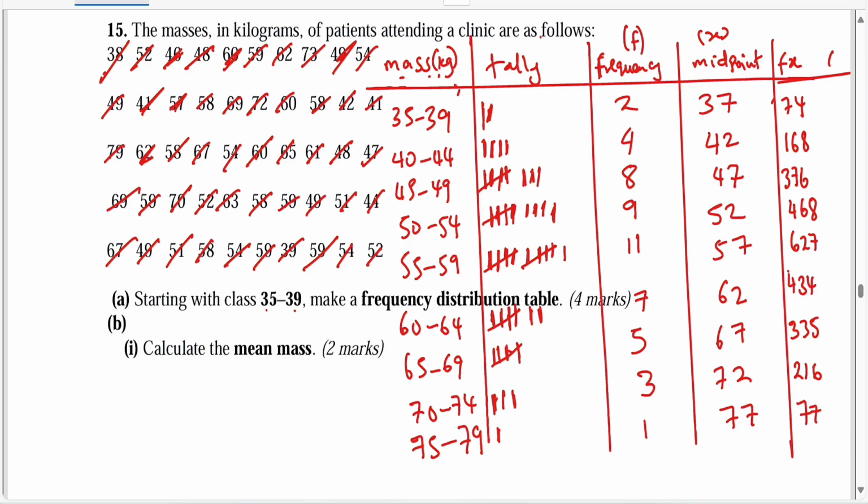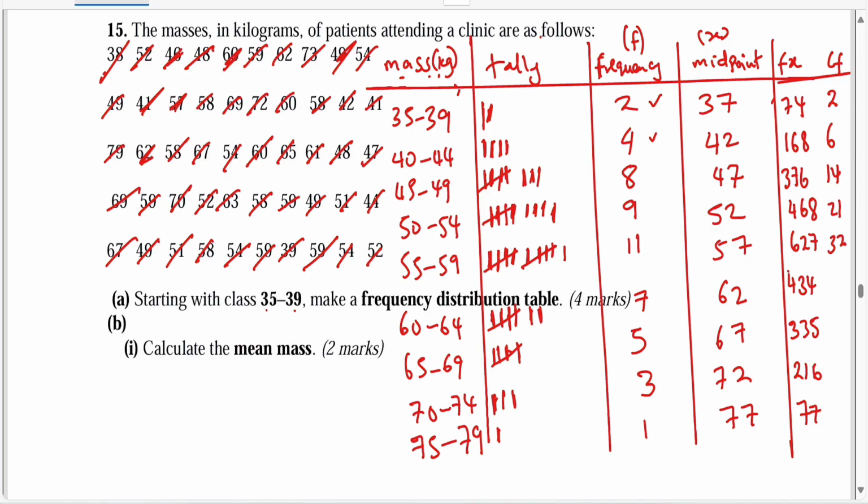So you can write CF also here and draw a line, but for me I can't draw a line because nafasi haitoshei. Okay, cumulative frequency, you start with 2. Hapa itaandika 2 plus 4 ni 6. 6 plus 8 ni 14. 14 plus 9, 21. 21 plus 11 is 32.